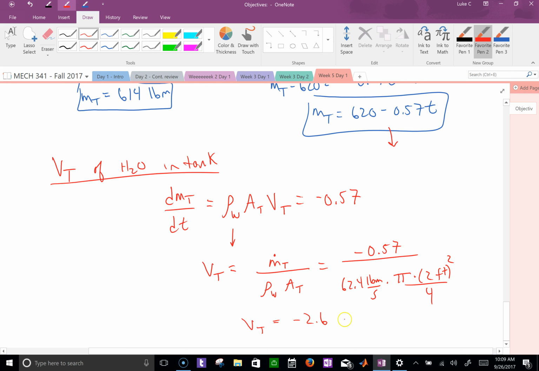So we end up getting negative 2.6 e to the minus 3 feet per second. Not very fast, right? With the different numbers, 2.9. Yeah, okay.